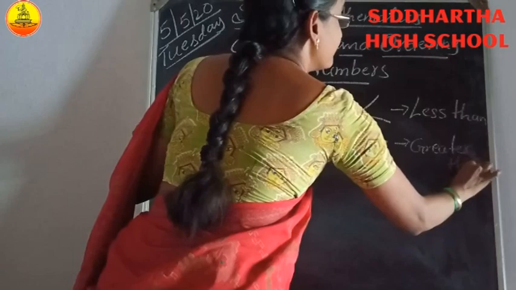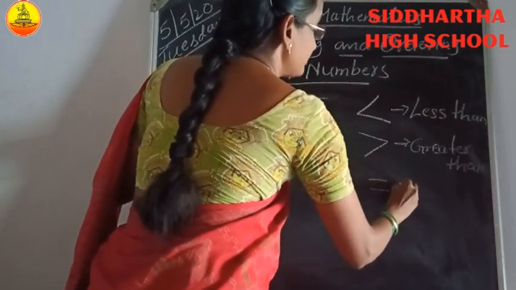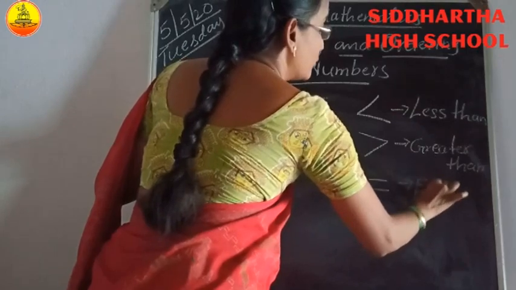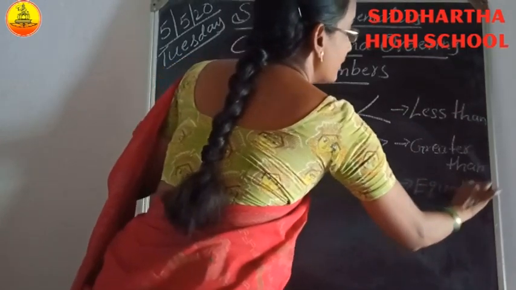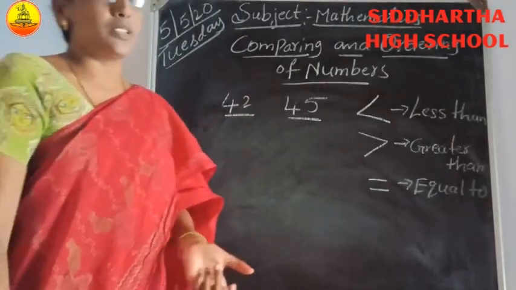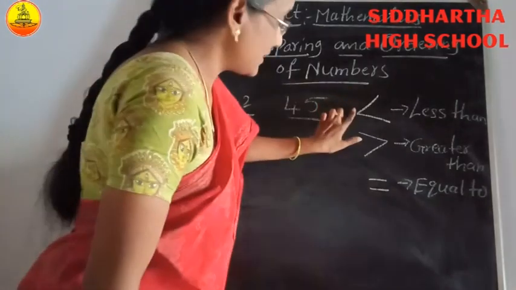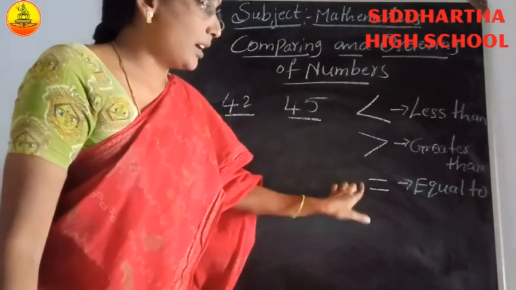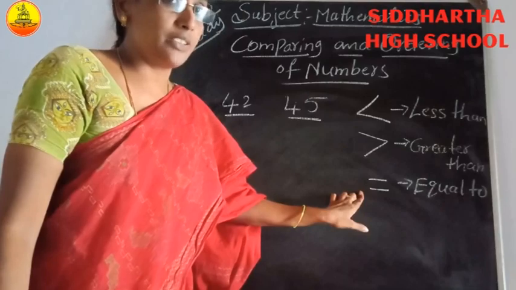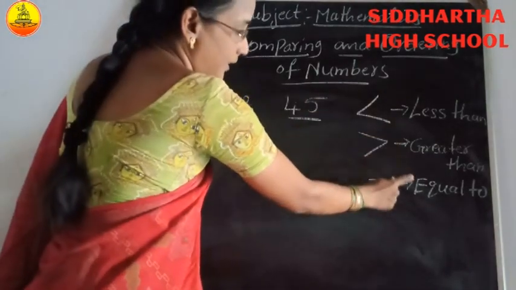And this symbol is called equal to. In maths, when comparing any two numbers or things, we use the less than symbol, the greater than symbol, or the equal to symbol.